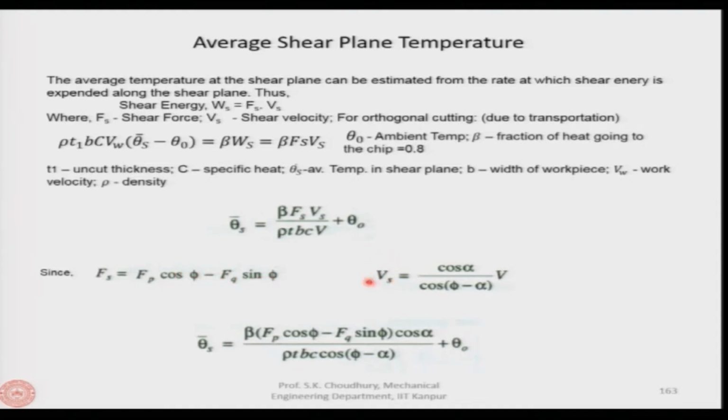Vs, the shear velocity, we have also derived by applying the sine rule, and it is cos alpha divided by cos(phi minus alpha). This is the expression we get for the average shear plane temperature. This is the analytical way of finding it.